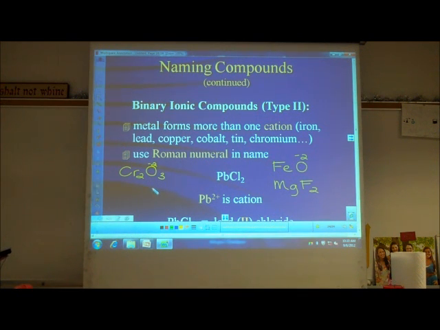You're right. What's -2 times 3? -6. That does not mean chromium has a +6 charge. There are 2 of them. Each chromium has a charge of what? What's +6 divided by 2? Okay. Chromium 3 oxide.